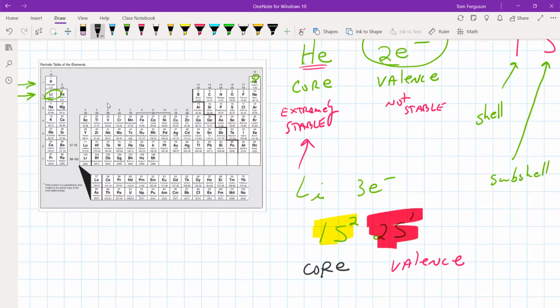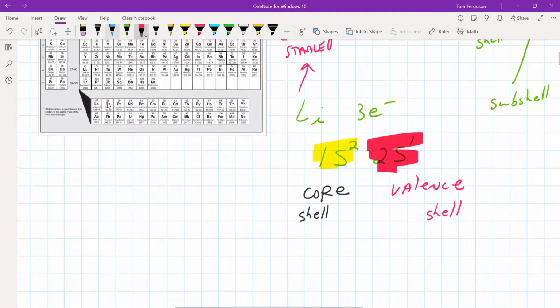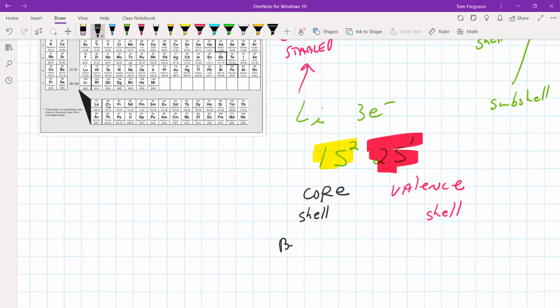Okay, so we're looking at the highest shell number. That's the valence shell. It's the highest number. The valence shell, if there is a shell below it, that is the core shell. And that core shell is below the valence shell.